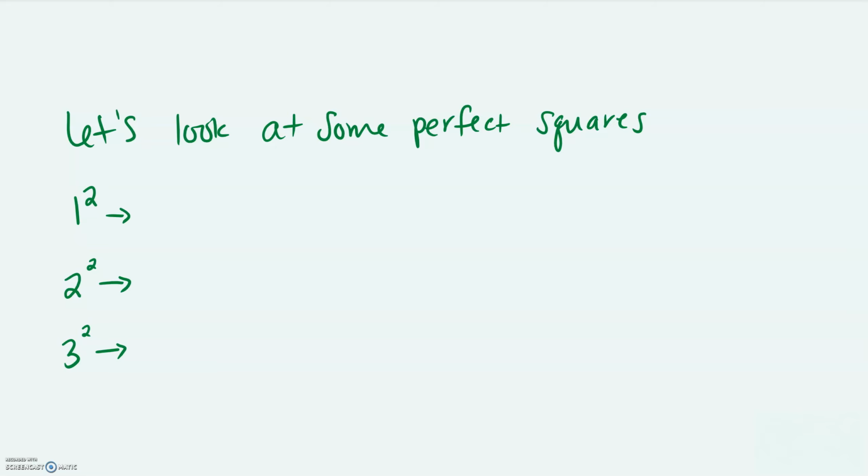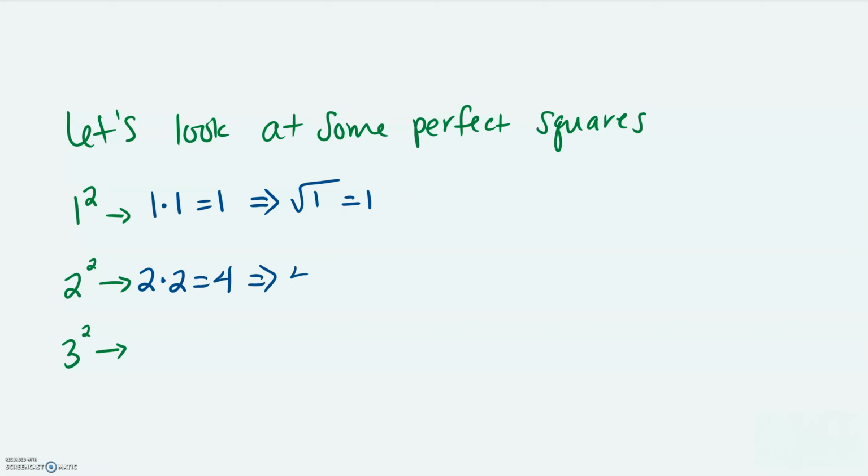If I have 1 squared, that is the same as 1 times 1, which is 1. So the inverse says that the square root of 1 is 1. Similarly, 2 squared is 2 times 2, which gives me 4.